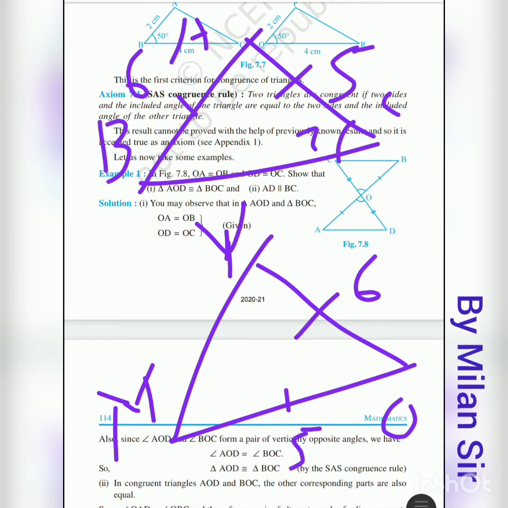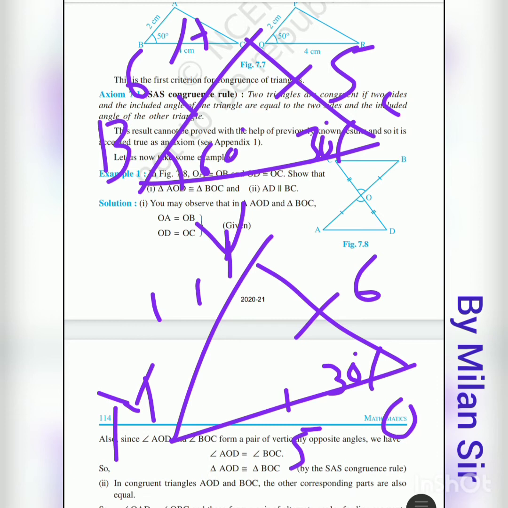Now this angle is 30 degrees, and here this angle is also 30 degrees, this is 60 degrees, and here we know the measurement 11. Okay, this situation is given to you.